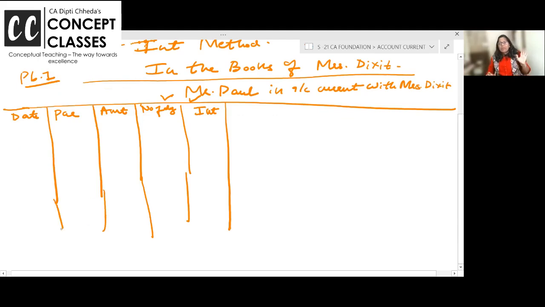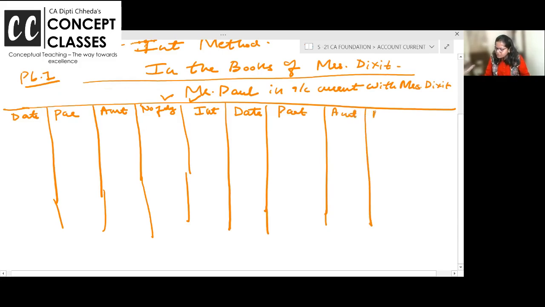Actually, it's a T format ledger. Date, particulars, amount, date, particulars. Same ledger on this side: date, particulars, amount, number of days, interest.